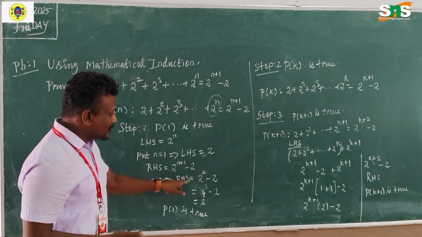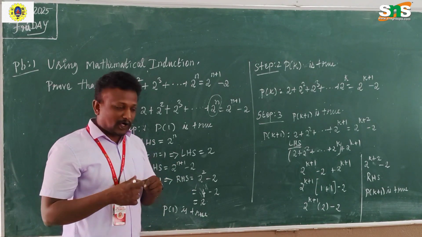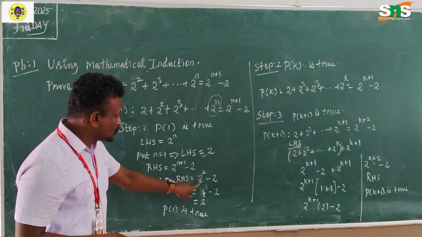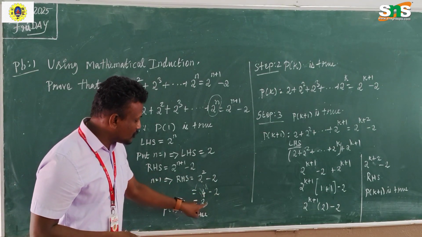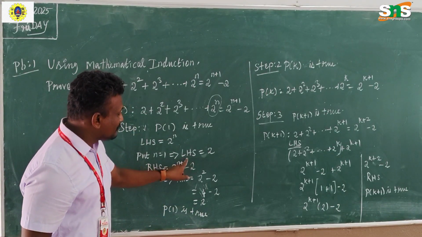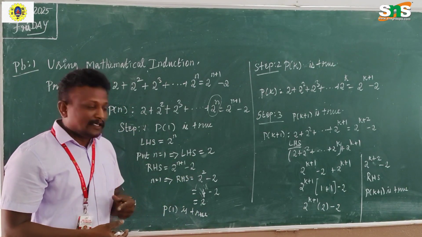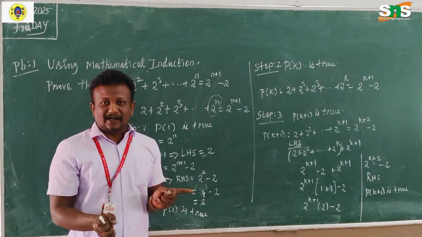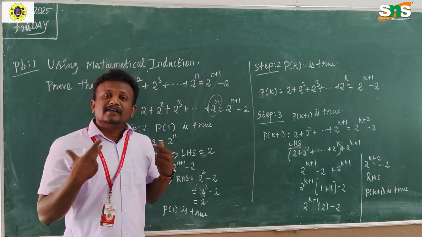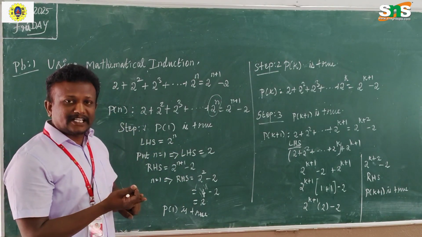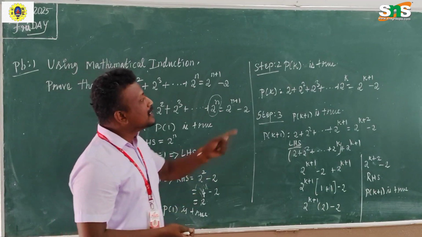Simplifying, it is 2 power 1 plus 1, which is 2 square, that is 4. Then 4 minus 2 is 2. Now look at this: the value for the left hand side is 2, and the value for the right hand side is also 2. If we satisfy this condition, then the proposition is true for 1, right? Now we have satisfied step 1. Let us move to step 2.